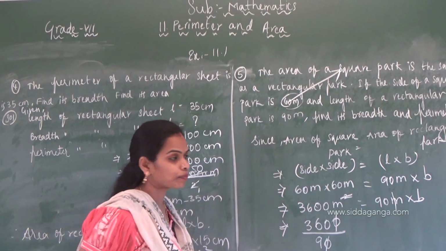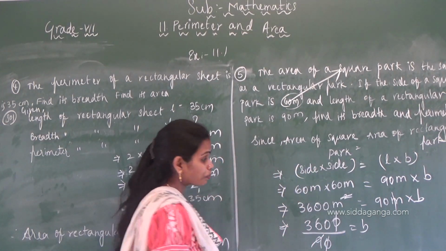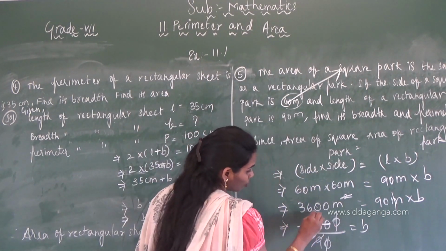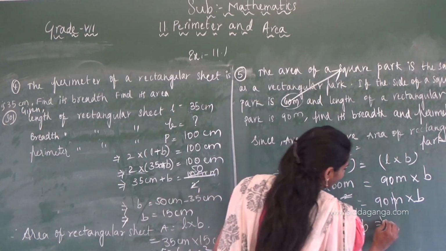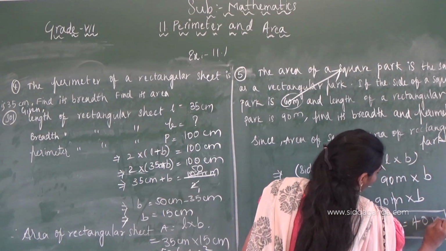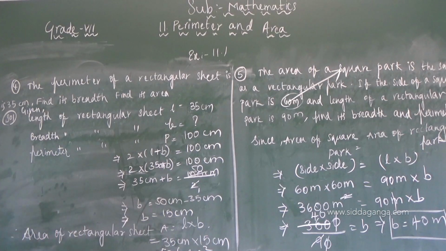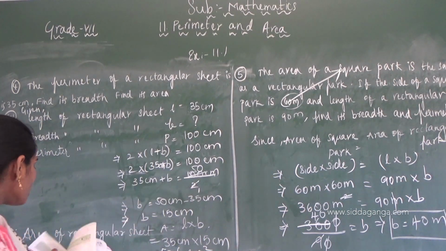Zeros cancel. That implies B equals 40, that means the breadth of the rectangle is 40 meters.